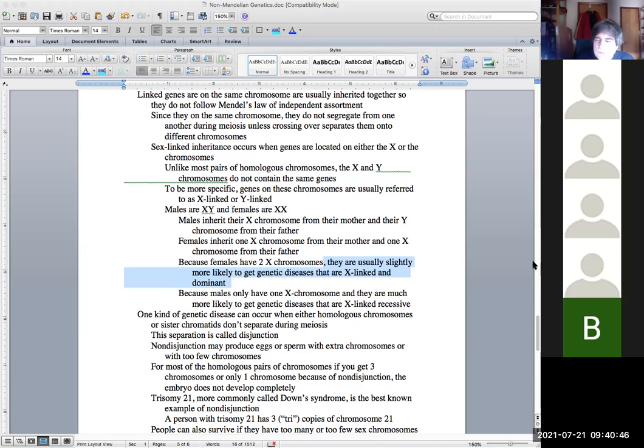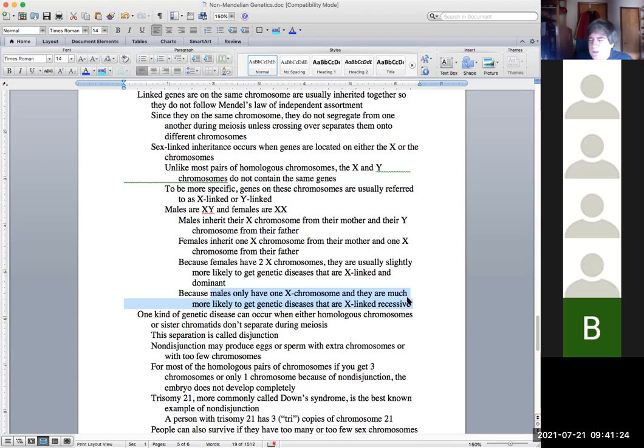However, if we look at genetic diseases that are X-linked and recessive, men are much more likely to get them. And the basic reason why is genes that give you diseases tend to be relatively rare. So most of the diseases, whether they're dominant or recessive, are pretty rare. Most of the genes that would cause the normal condition are much more common.